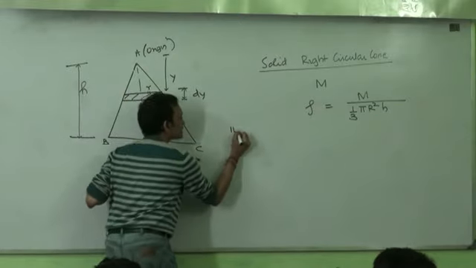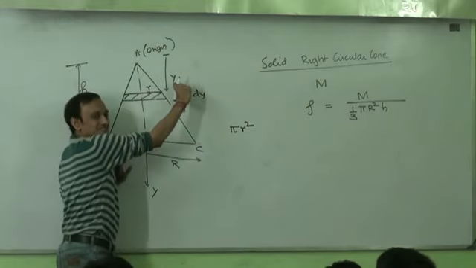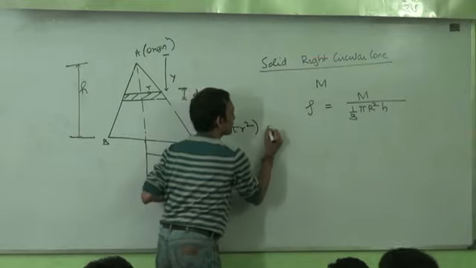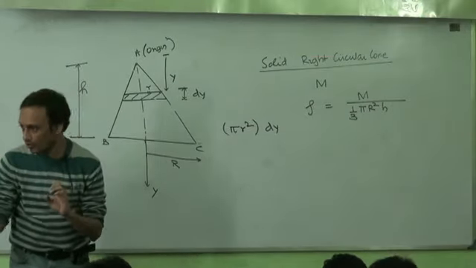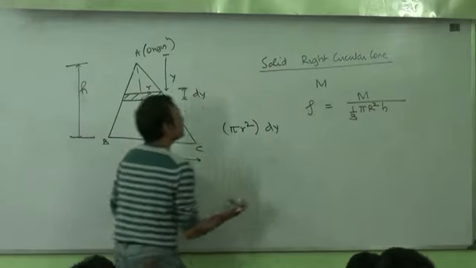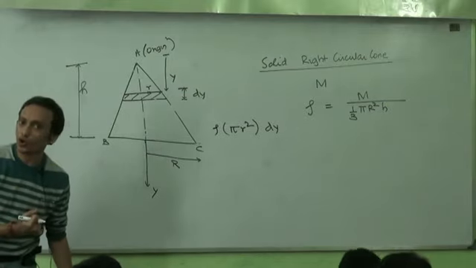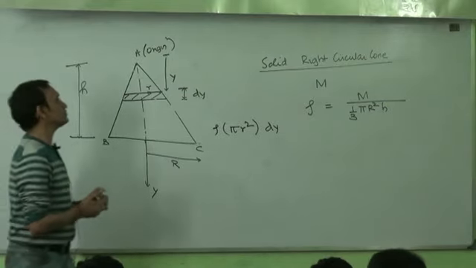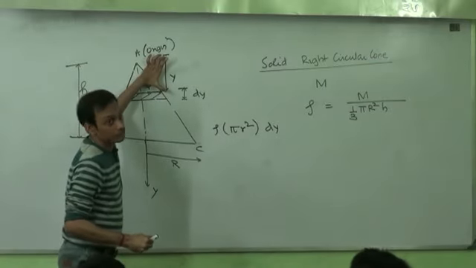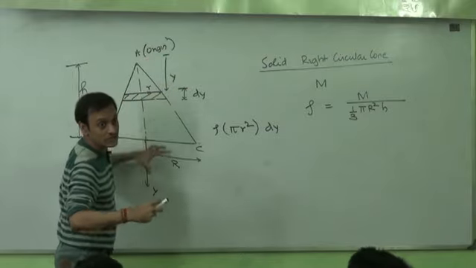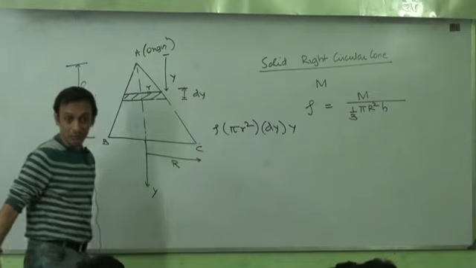What's the area of this disk? Pi r square. What's the thickness? Dy. That's the volume of the shaded portion. Into density rho will give me the mass of the shaded portion. So mass into y, the y coordinate of this sample disk.